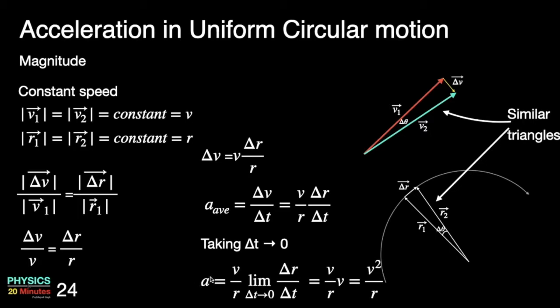Remember, when you take the limit of the right hand side, v by r is constant, it will come out. Limit delta t tends to 0, delta r by delta t is nothing but the instantaneous velocity. Therefore, this is also equal to v, and therefore your final equation is v square upon r.